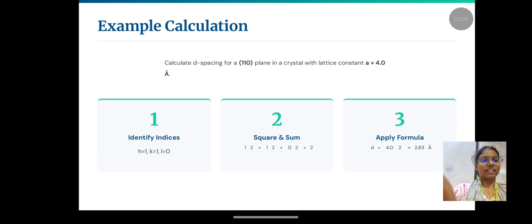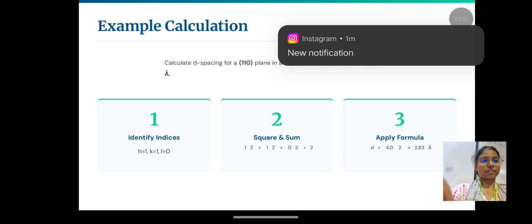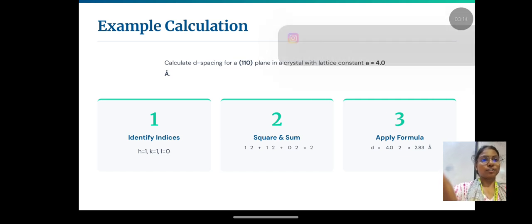Third, applying the formula, d is equal to 4.0 divided by the square root of 2, which is approximately 2.83 angstrom units.